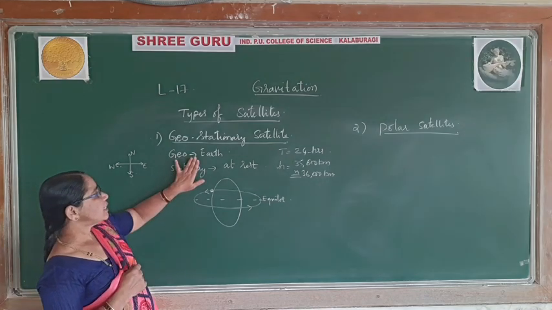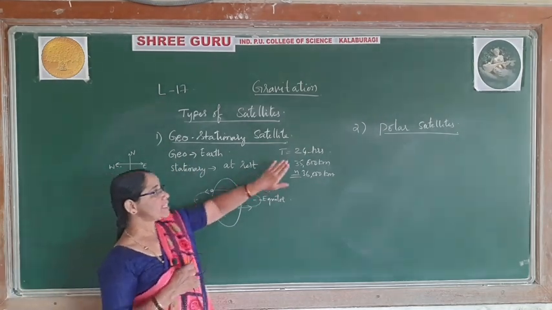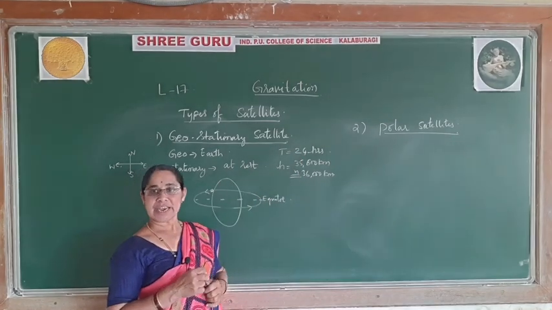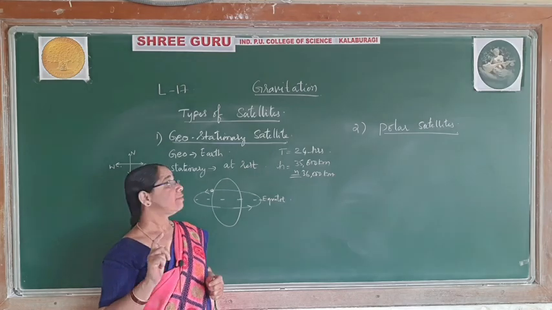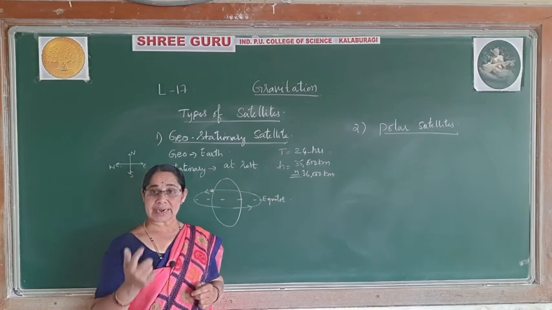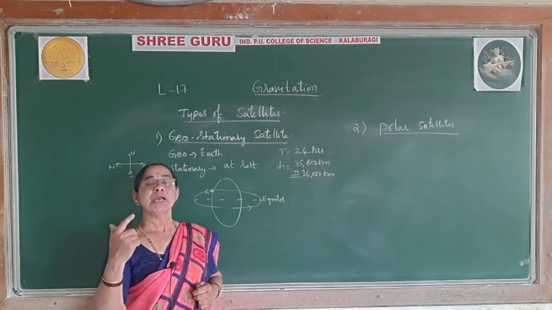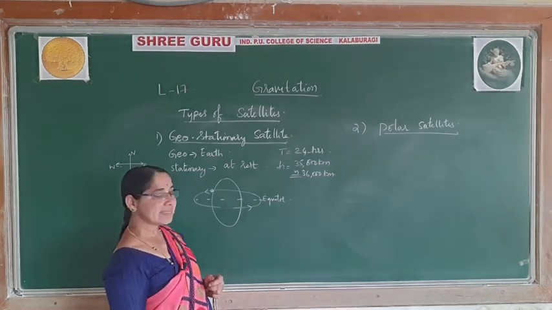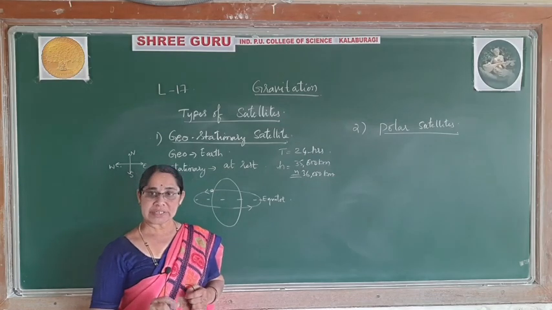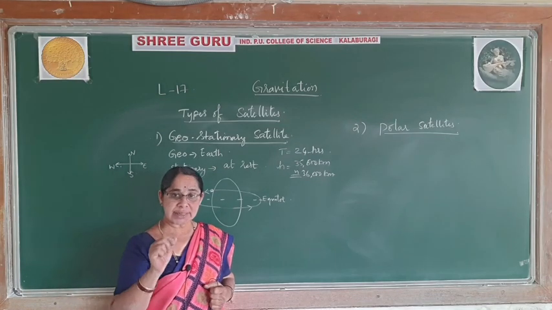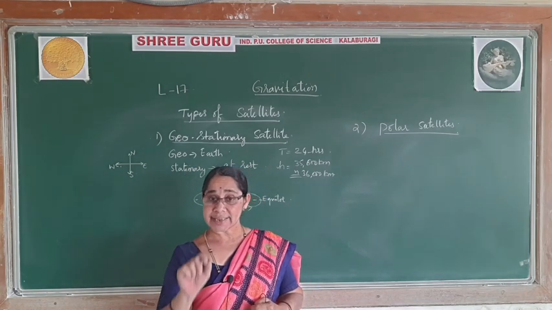Why did we say geostationary? Let me say the time period is 24 hours, and we know the rotation of the earth is also 24 hours. So the satellite will be revolving around and moving along the axis of rotation, due to which the time period is the same and the axis of rotation is also the same. Due to this, the person who is standing on the earth will feel that the satellite is at rest.